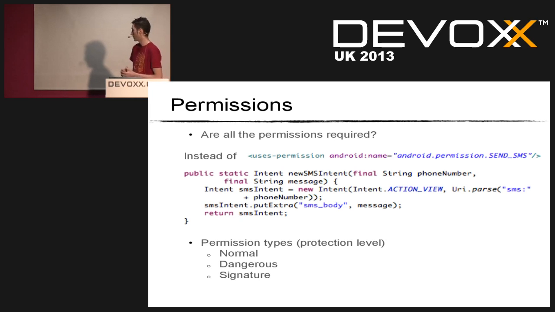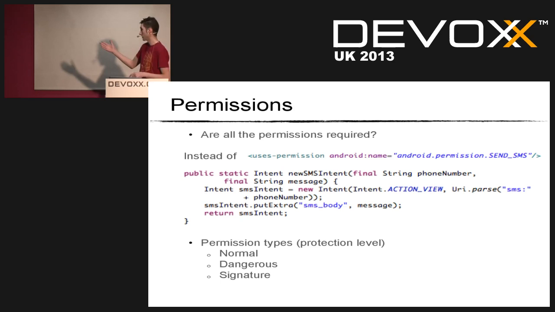So when we think about permissions, we think about that notification you get when you first install an app. This app needs to access your GPS, your network, your SMS. And in general, you should try and reduce the amount of permissions you need.